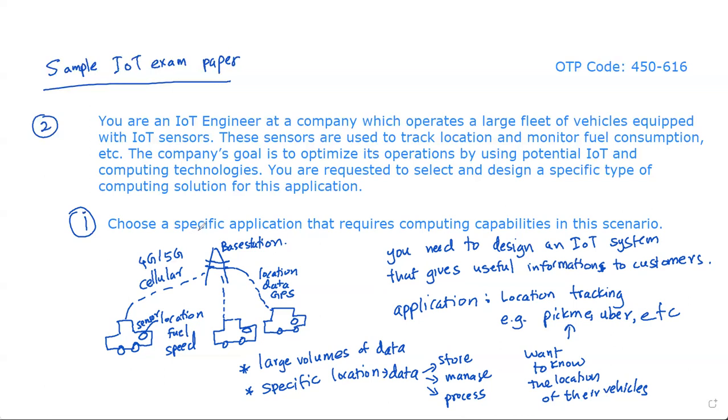in the first question, what I'm asking is that you need to choose a specific application that requires computing capabilities in this scenario. You need to propose a certain application that is suitable for the scenario that we are considering.